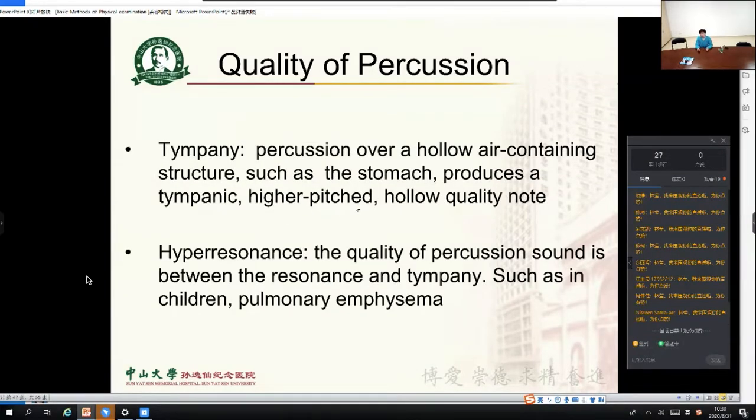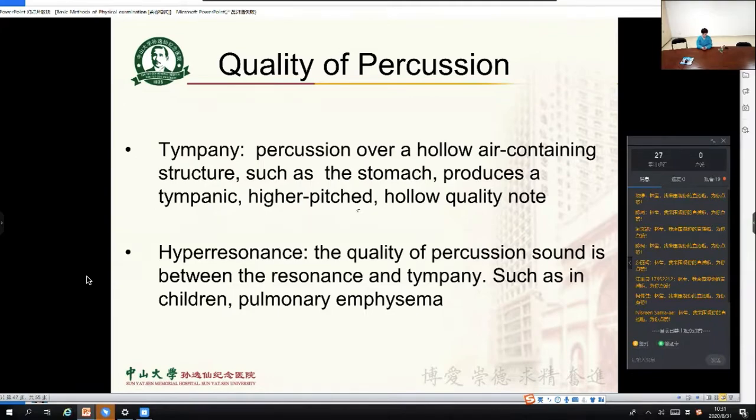Tympanic. Percussion over a hollow air-containing structure, such as the stomach, will produce a tympanic, higher-pitched, hollow quality note. So this is tympanic. Hyperresonance is the quality of percussion sound between resonance and tympanic, such as in children, also in pulmonary emphysema.